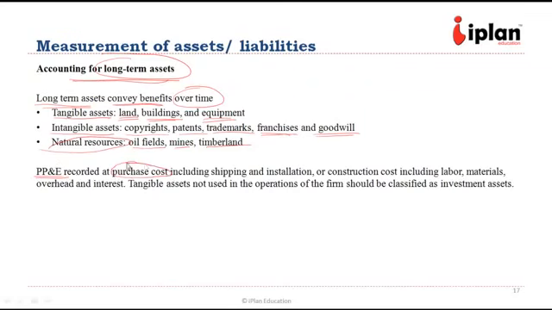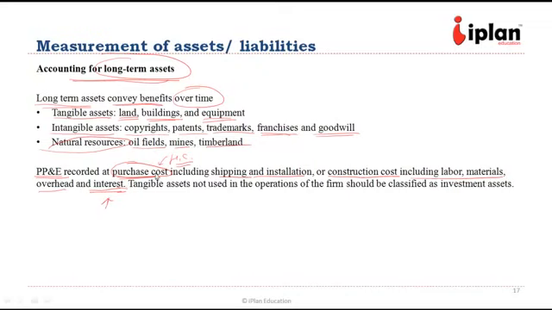So property, plant and equipment are recorded at purchase cost, which is the historical cost. It includes shipping and installation, construction cost, including labor, materials, etc., and also the interest cost which was paid while the plant was being constructed.